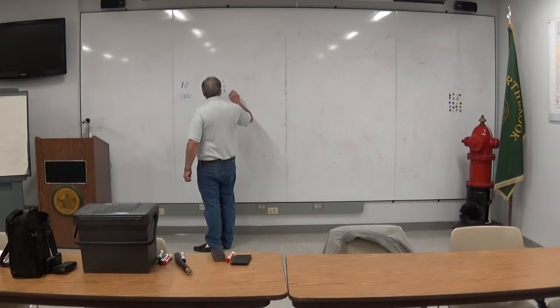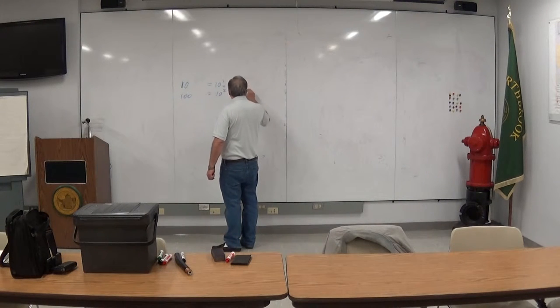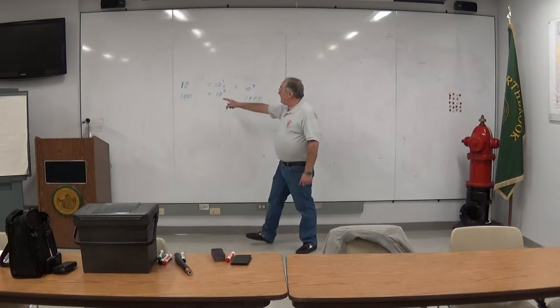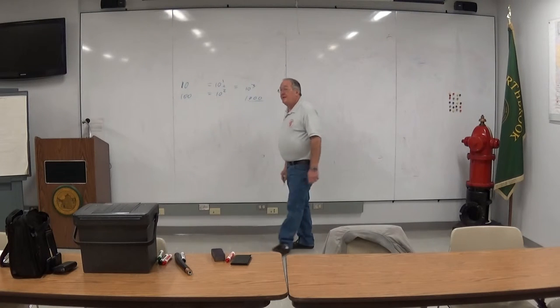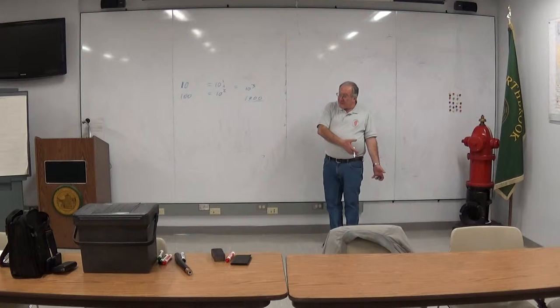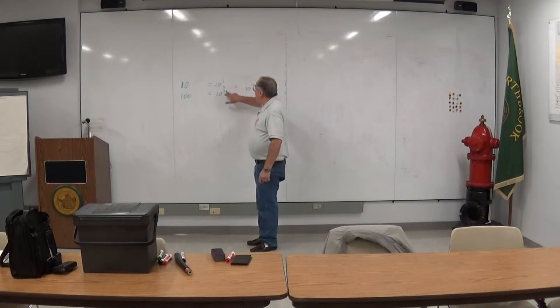If you just add up those exponents and you get 10 to the third power, that's 1 followed by 3 zeros for third power. 10 times 100 is 1,000. You can do multiplication by doing addition if you use the exponents.